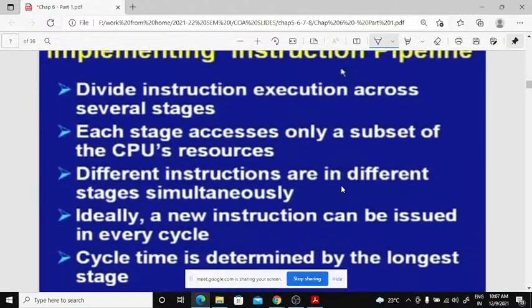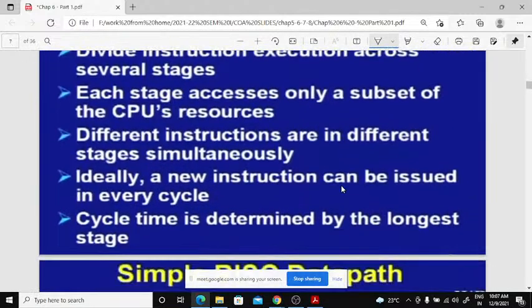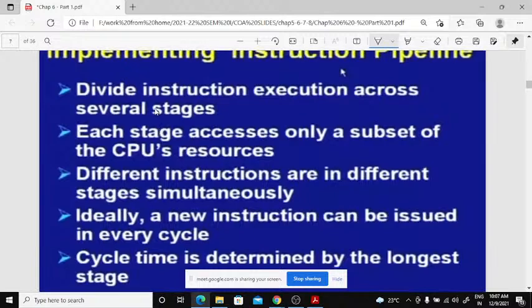How does it perform? It divides the instruction execution across several stages. Suppose there is one instruction, how does it divide? It divides the instruction into instruction fetch, instruction decode, then execution, then write back, write the result.